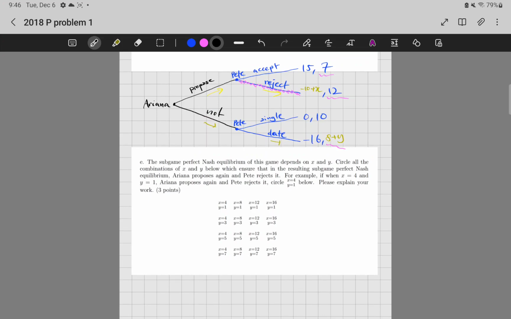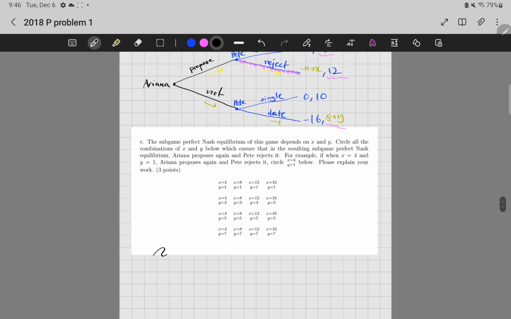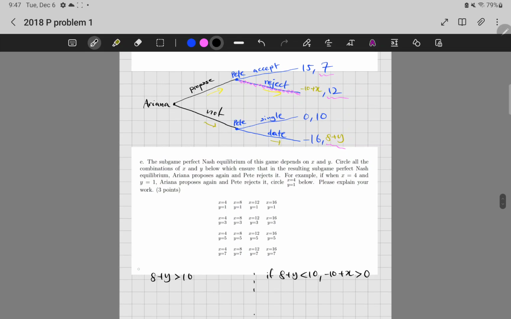The two scenarios are: 8 plus y should be greater than 10, or if 8 plus y is less than 10 for some reason, negative 10 plus x should be greater than 0.